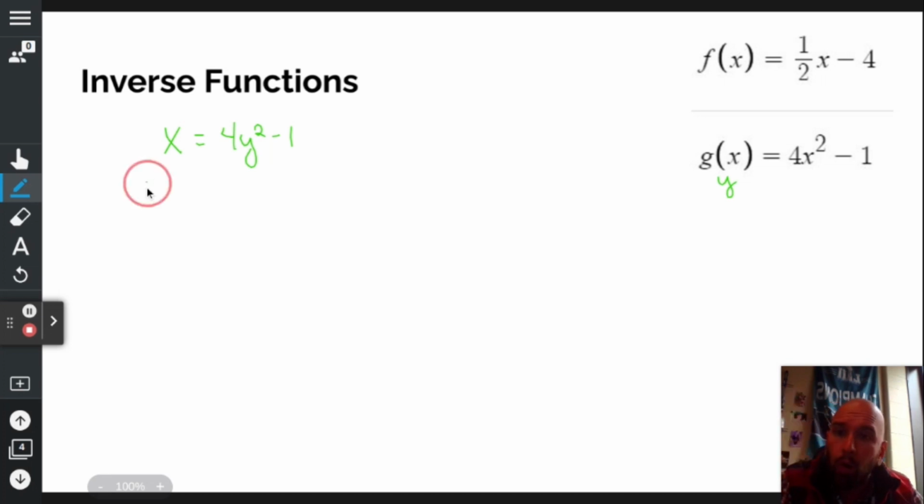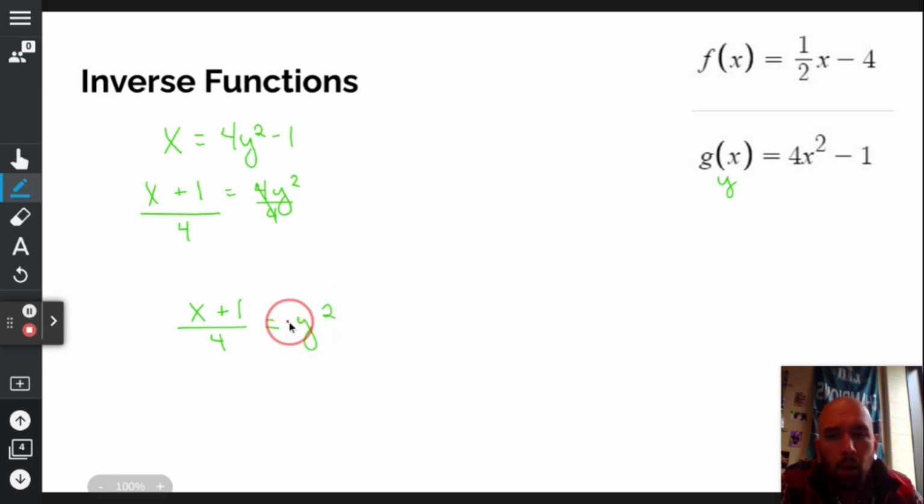So you add 1 to both sides. So x plus 1 equals 4y squared. Divide everything by 4. So you have (x plus 1) over 4 equals y squared. And in this case, you square root both sides. Don't forget to attach your positive and negative whenever you're square rooting.